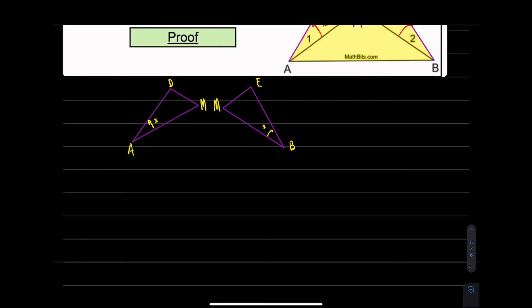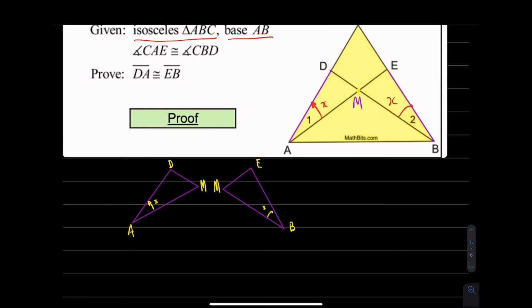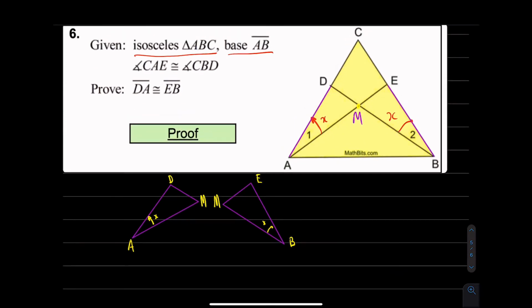So we usually like to look at the diagram and assess where the equalities are, right? So in this case, we're given that the big triangle ACB is isosceles, right? So we're given triangle ACB is isosceles.